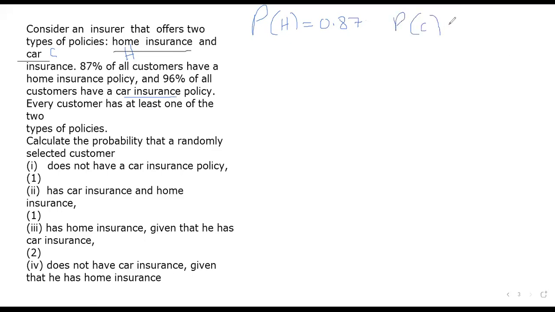So this is 0.96. What else are we told? That every customer has at least one of the two. So H union C.